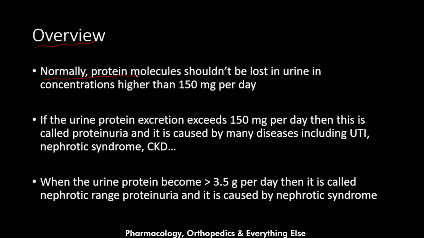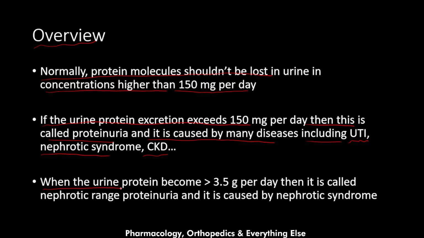So normally the protein molecules shouldn't be lost in urine in concentrations higher than 150 milligrams per day, meaning that the protein excretion in urine should be less than 150. And if the urine protein excretion exceeds the 150 mark, then this is called proteinuria, and it is caused by many diseases, including urinary tract infections, nephrotic syndrome, chronic kidney disease, and much more.